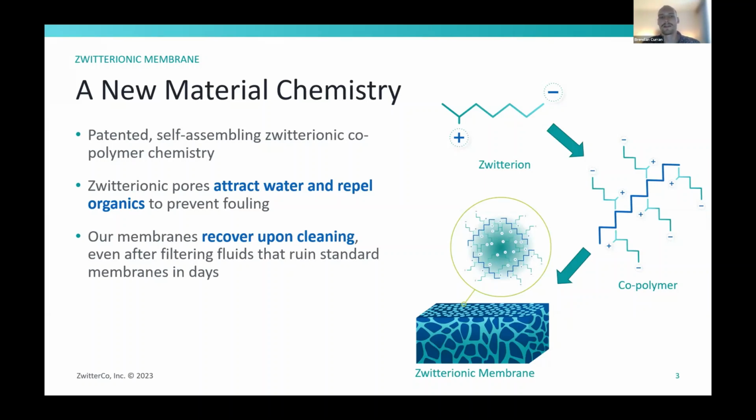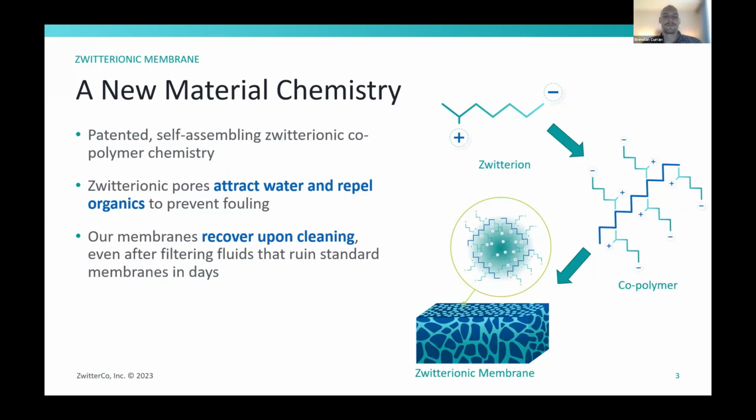And that's one of the biggest reasons that we're in an application like digestate, because digestates have a ton of organics and a ton of foulants that can't really move forward to a reverse osmosis unless you can get the organics off the membrane or out of the stream before it goes to RO.